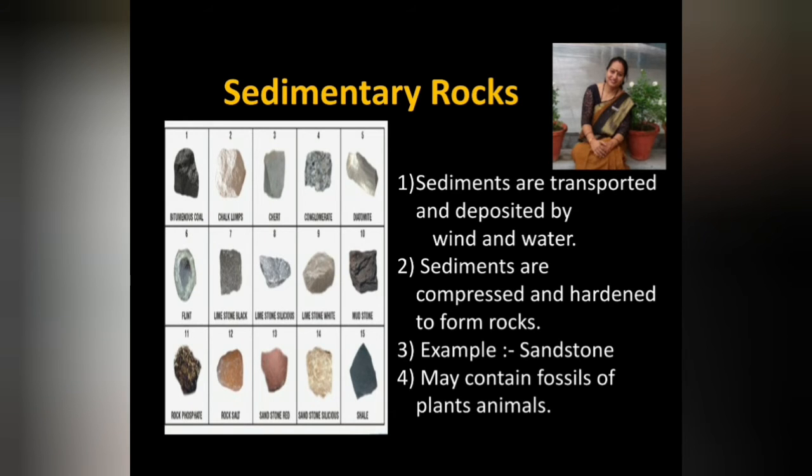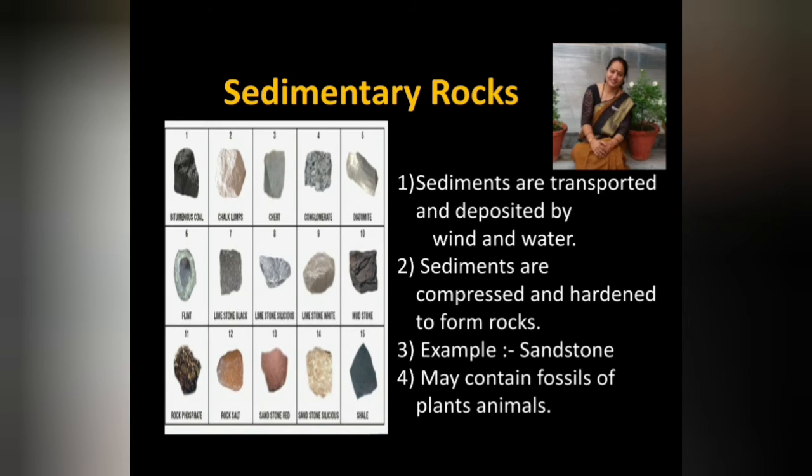Next type of rock is sedimentary rock. When rocks roll down, crack and hit each other, they break down into small fragments, and these small particles are known as sediments. When these sediments are transported and deposited by wind or water and compressed and hardened to form layers of rocks, these types of rocks are known as sedimentary rock.